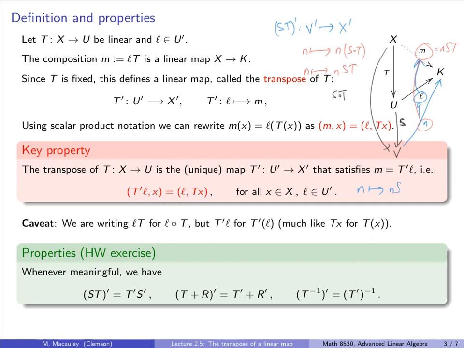So I'm just precomposing with S, and then I'm precomposing with T. So this is how you should think about the transpose. The transpose of S just precomposes with S, and the transpose of T just precomposes with T. And of course, all this is saying is that precomposing with S and precomposing with T is just precomposing with ST. So I've basically done the proof here, but I will let you write it out nice and formally on your own time.